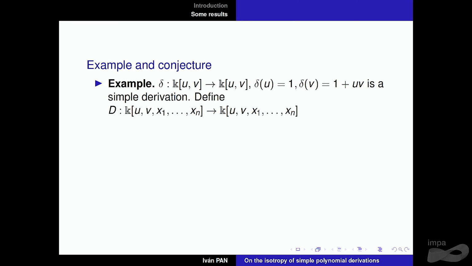And then one may define an extension of this derivation by adjoining any variables in the following form. The new derivation is delta plus, in the new variables, a linear combination of this form, where the elements here belong to this polynomial ring.